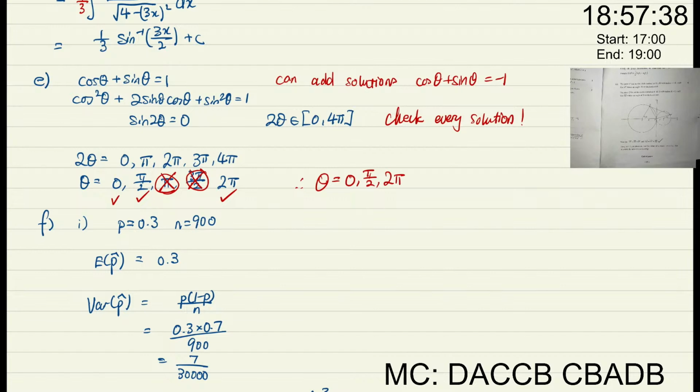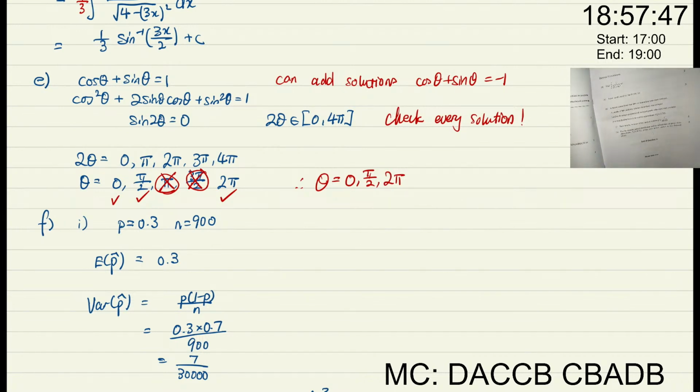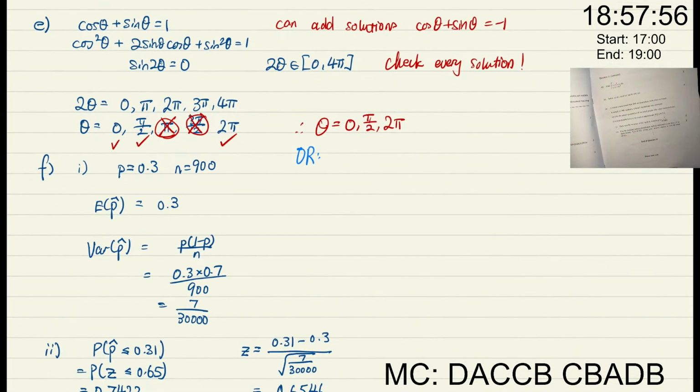How many marks was that question? I suspect that anyone who uses this method might run into problems. If I was actually doing this HSC for myself, I would do it with the auxiliary angle method. I'm just going to write the auxiliary angle method here, really quickly in the last couple of minutes.